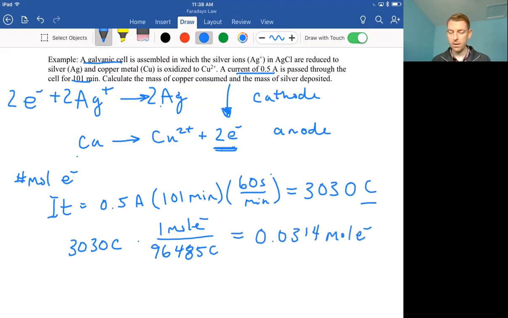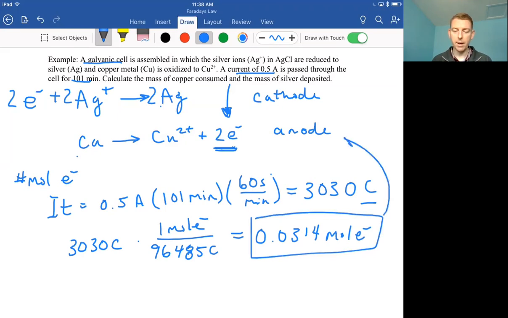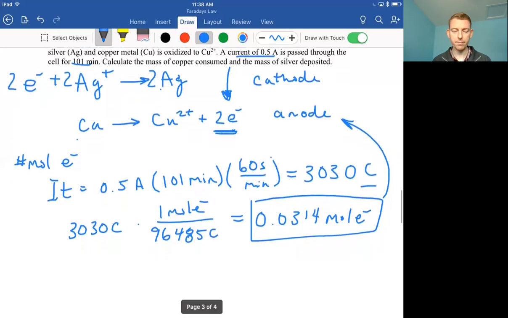Okay, so with that, now we can take that and work with our balanced equations to say, well, if we only passed 0.0314 moles of electrons through the circuit, how many moles of silver is that going to leave us with? So let's start with the silver.